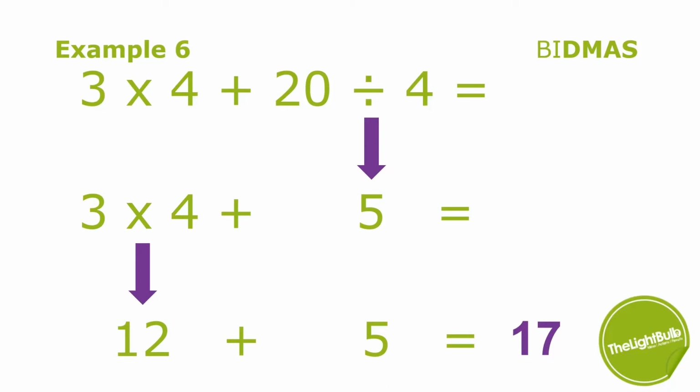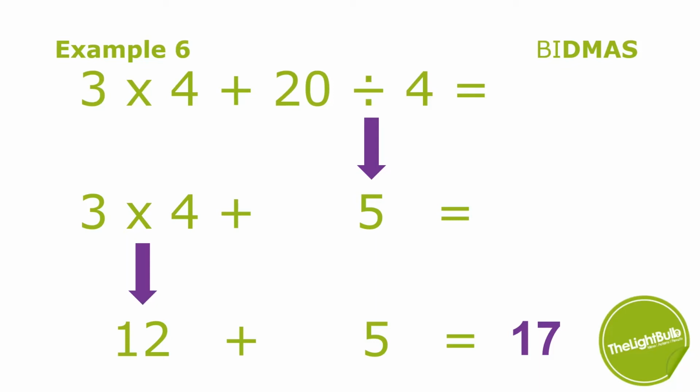Now, the reason why BIDMAS exists, you might be wondering, is because in any given situation, you might have a room of, say, 50 mathematicians, and they all might be looking at a problem such as these, and different mathematicians might approach it in different ways. Some mathematicians might be from a country where we read left to right, and so they might want to do it left to right, and they come up with one answer.